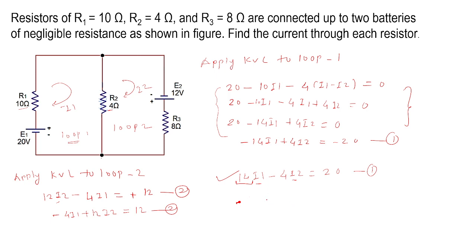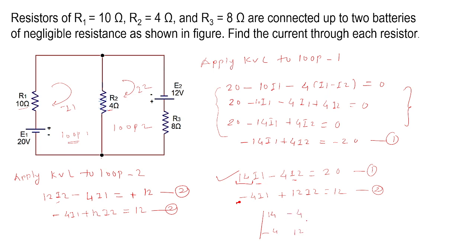So in Cramer's rule, you can write the equation like this. So I will write here equation number 2, -4i1 plus 12i2 is equal to 12. This is the equation number 2. So you have to put in Cramer's rule, that is 14, -4, -4.